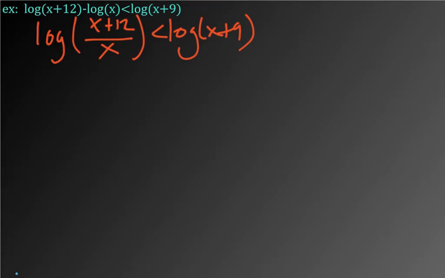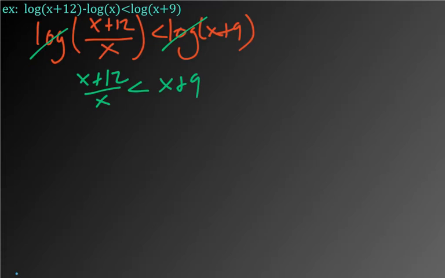And then this one is kind of like our nice case with solving logs. You basically can just go ahead and cancel the log because you have the same one on both sides. So if you're taking log base 10 of something and it's less than log base 10 of something else, these inside things better just be equal. So (x plus 12) over x is less than x plus 9.